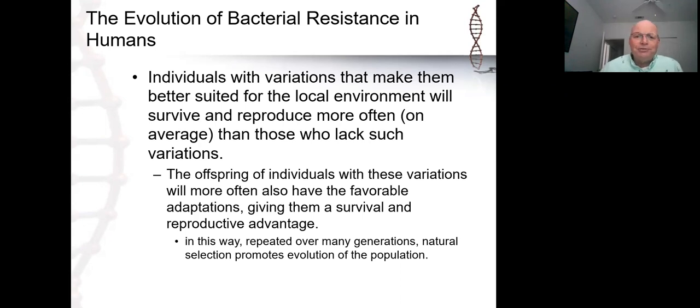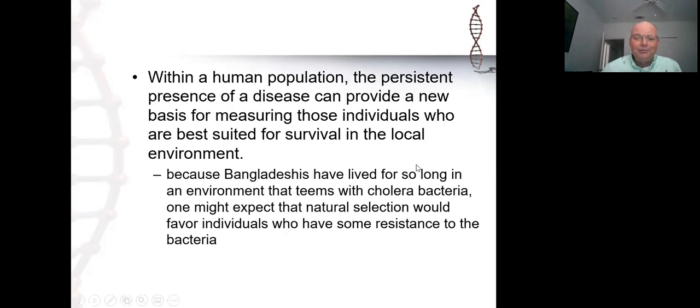So the example that is cited in the textbook is the bacterium that is responsible for cholera in Bangladesh, what used to be called East Pakistan. It's on the east side of India. What is now Pakistan proper used to be called West Pakistan. They used to be a single country when the Indian subcontinent was first divided up by the British when they gave the area independence.